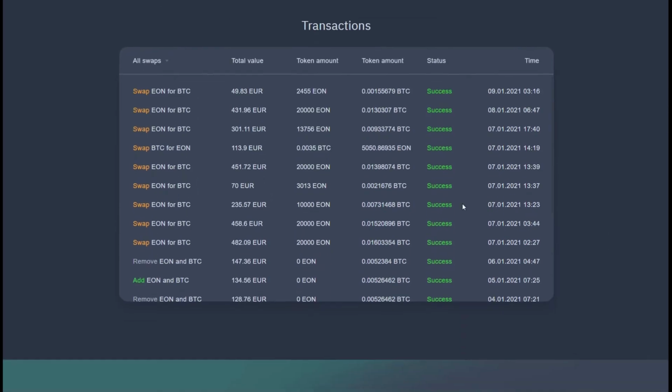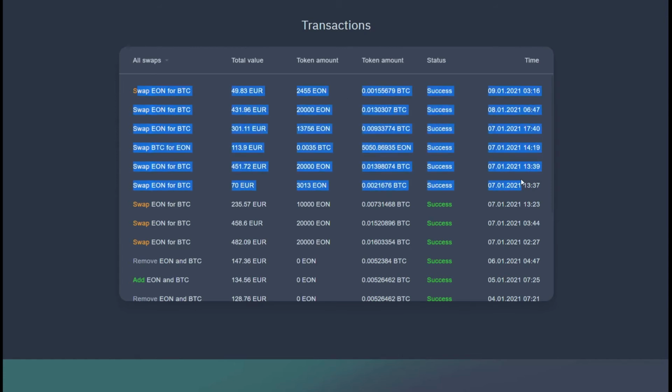Now we can also go in on these pairs and see the last swap transactions that did take place. I'm not surprised right now to see a transaction swapping EON for BTC, because obviously nobody knows where this BTC train is going to end.